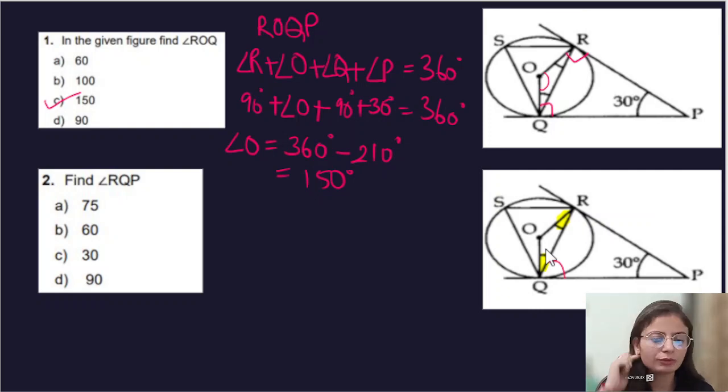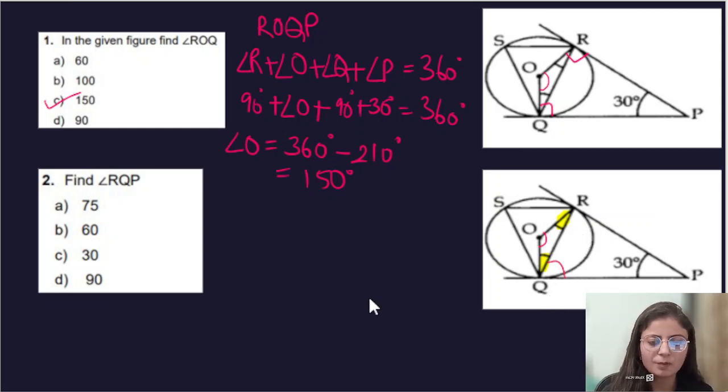So now we already know this angle OQP which is 90 degrees, right? Now if we subtract this angle, then we will be able to find this angle RQP, right? So how can we find this angle? Okay, so now we already know this angle, right? This is 150 degrees, angle ROQ, right?